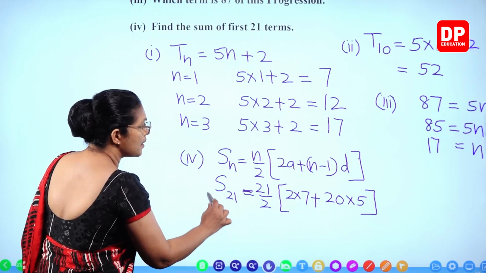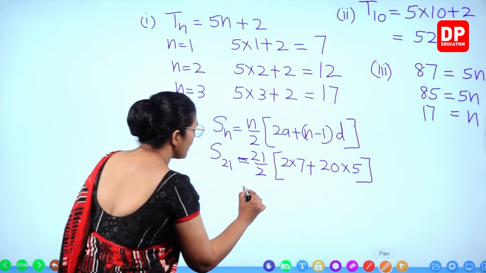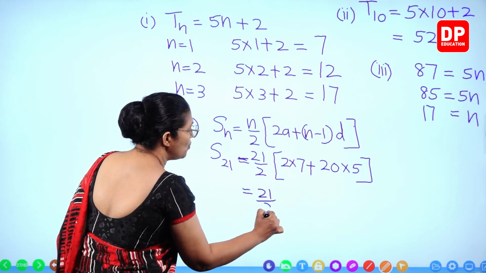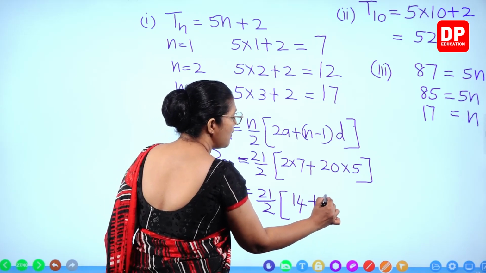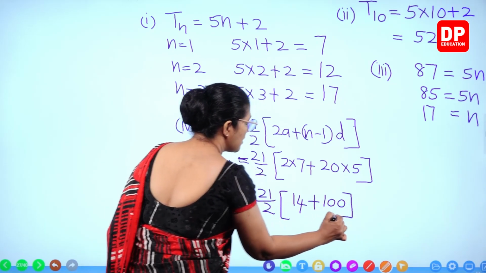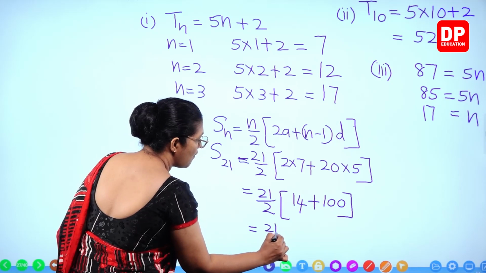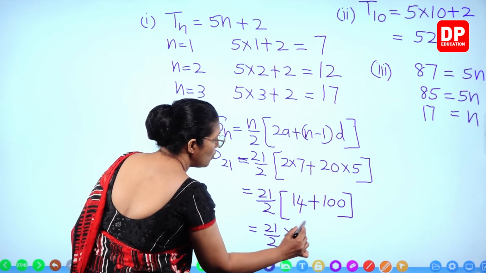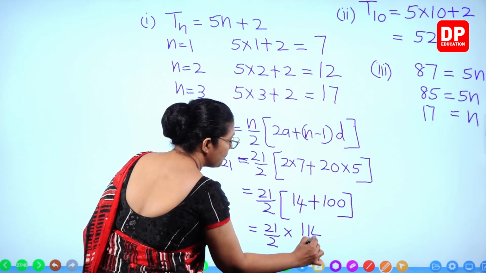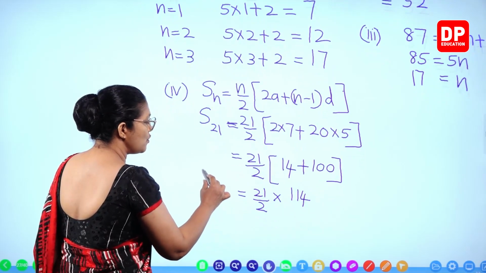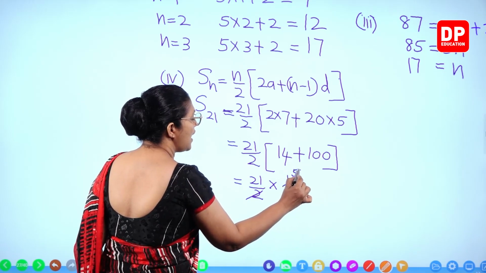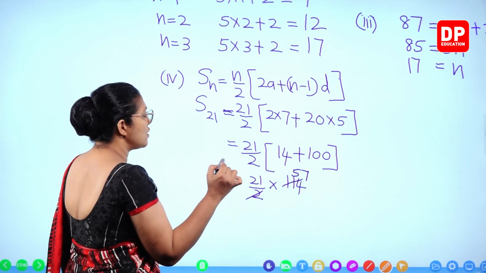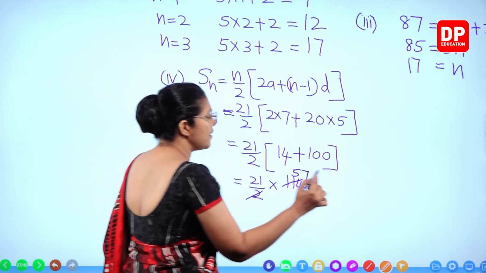So you can put 5 here. Then what do you get? 21 over 2 times (2 times 7, 14, and 20 times 5, you get 100), so 21 over 2 times 114. When you simplify, 114 divided by 2 is 57, so 57 times 21.